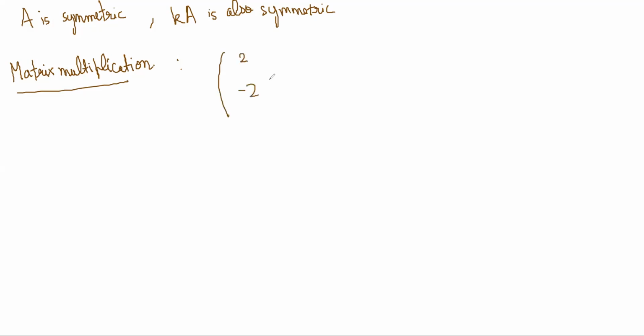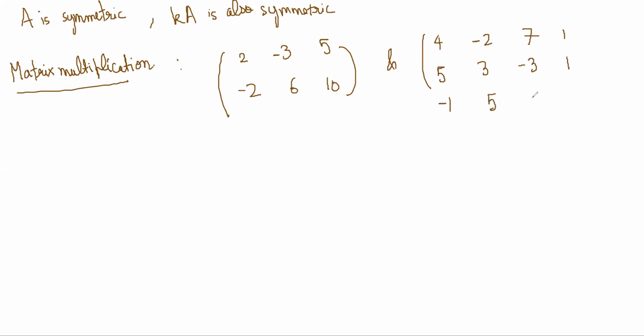So 2, minus 3, 5, minus 2, 6, 10, and 4, minus 2, 7, 1, 5, 3, minus 3, 1, minus 1, 5, 2, 1. These are the two matrices.